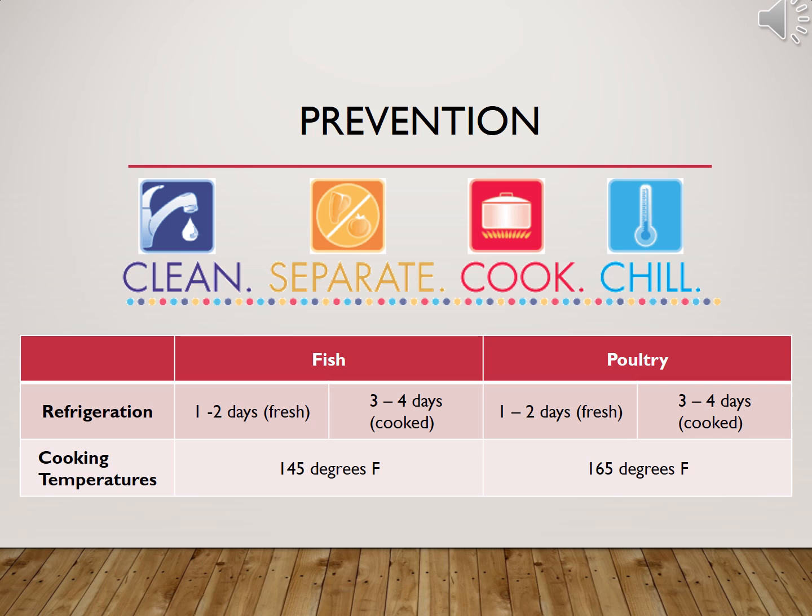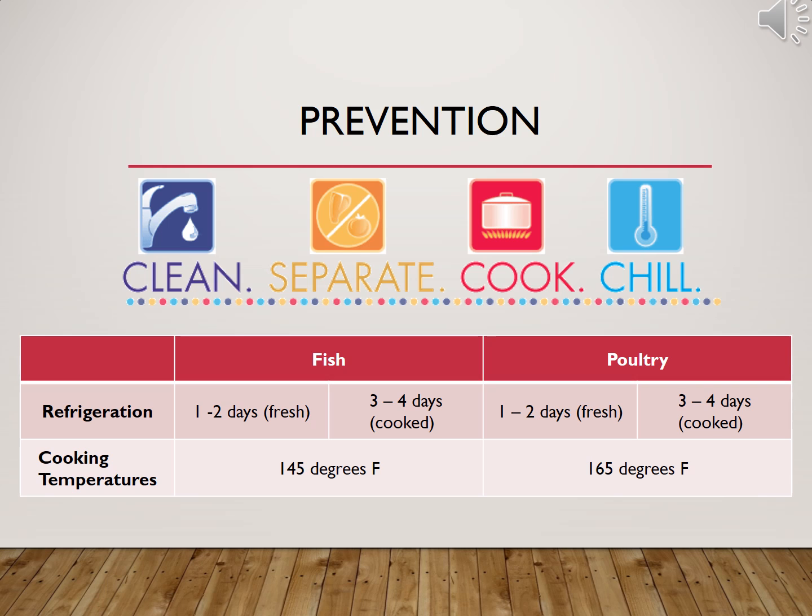And then once fish is cooked, it can stay in the refrigerator for 3 to 4 days. For poultry, it's the same guideline for fresh, uncooked: 1 to 2 days in the refrigerator, and if it is cooked, it can stay in the refrigerator for 2 to 4 days.